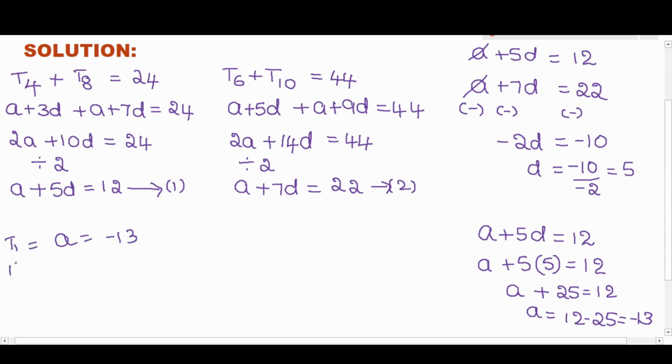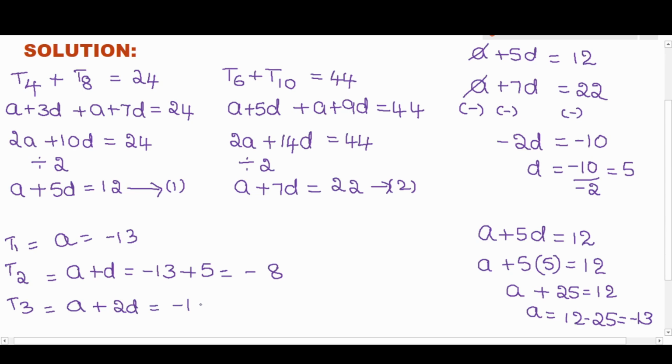So we need to find the 3 terms T1, T2 and T3. We already know T2 is nothing but a plus d. a is minus 13 plus d is 5. So you get minus 8 there. Next we need to find the T3 value. a plus 2d.